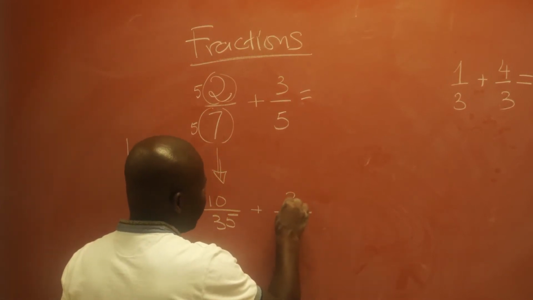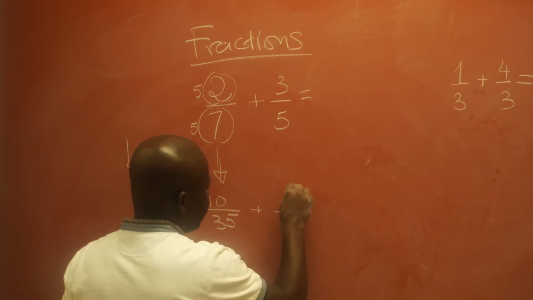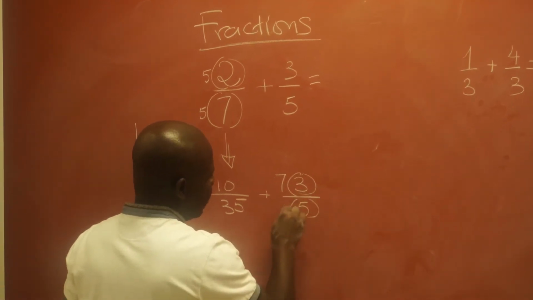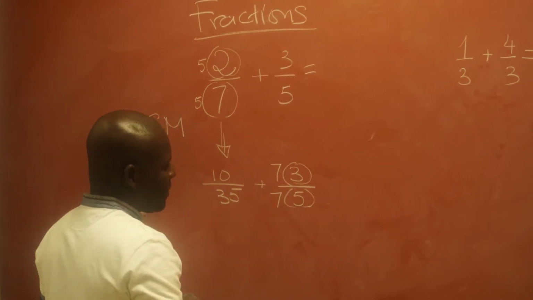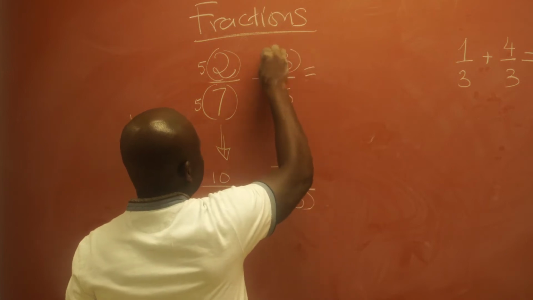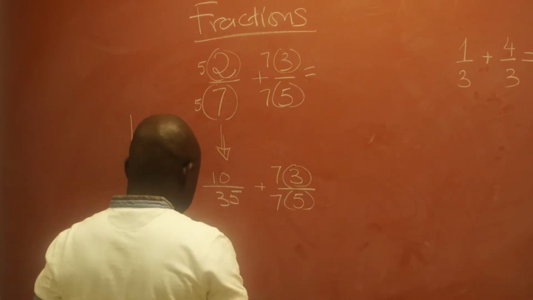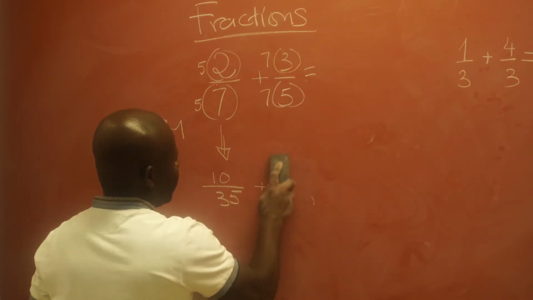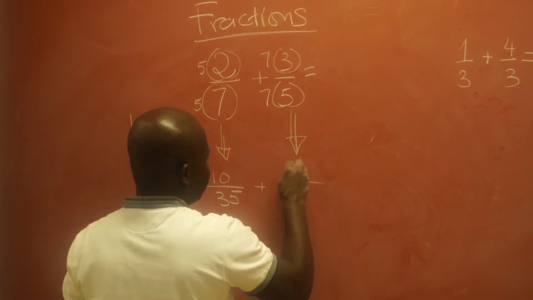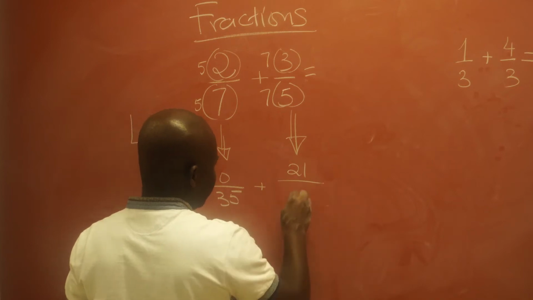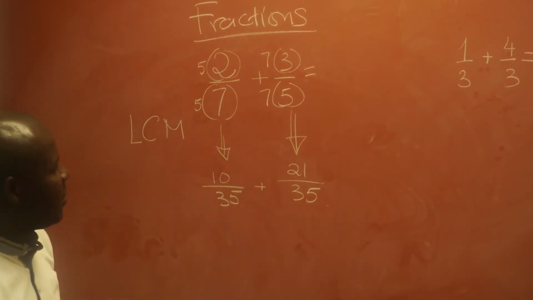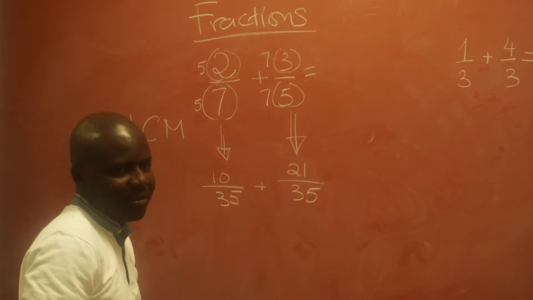Here I have a 3 and a 5, but I will multiply 3 by 7 and 5 by 7. So we have 21 over 35. Thank you.